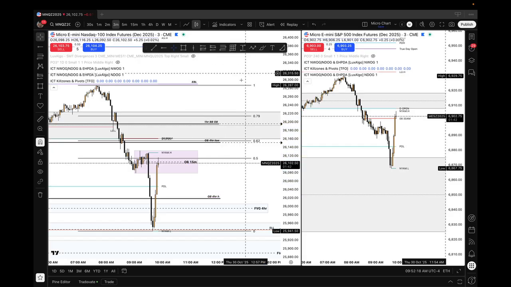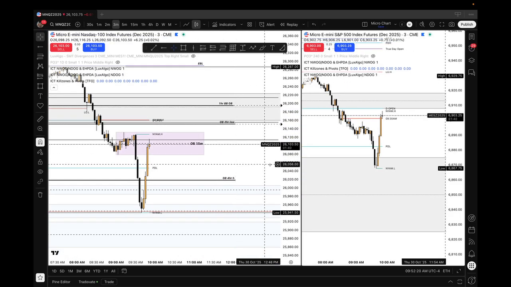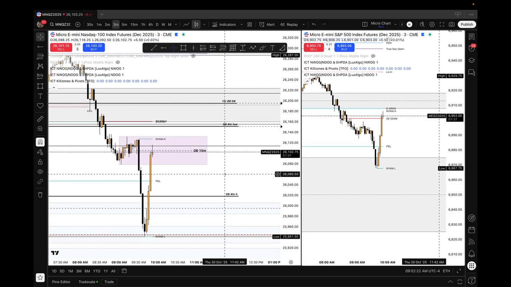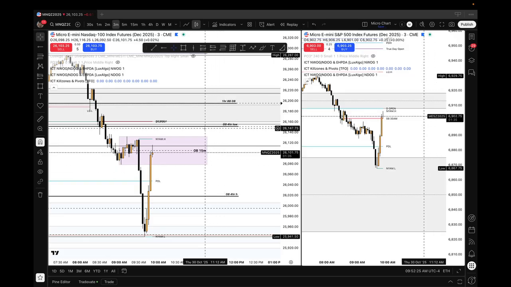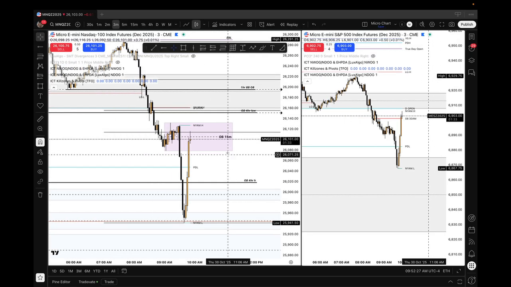Though I'd rather not, just based off of price pushing its way towards these higher confluence reversal areas.